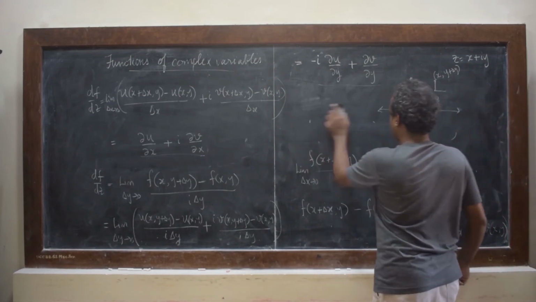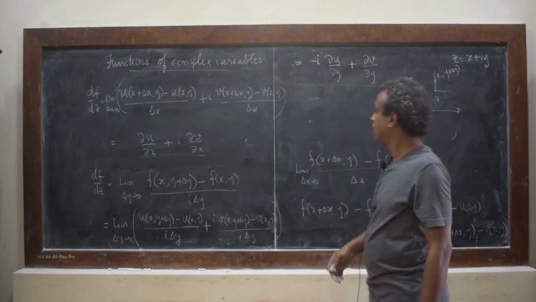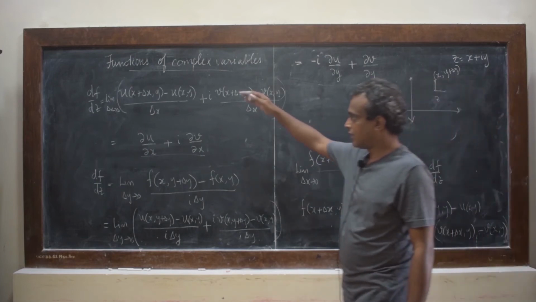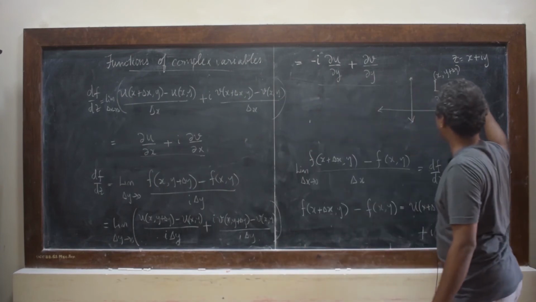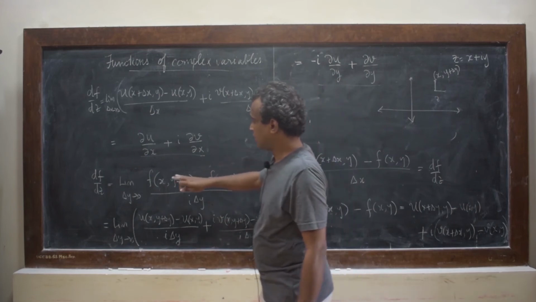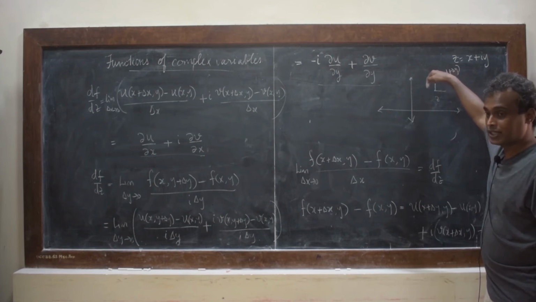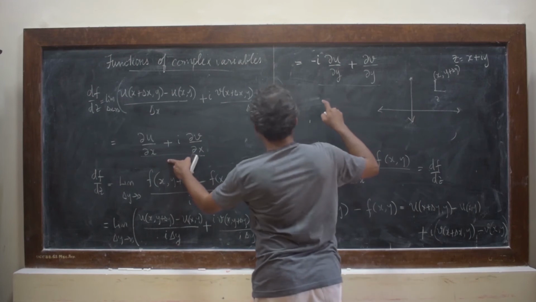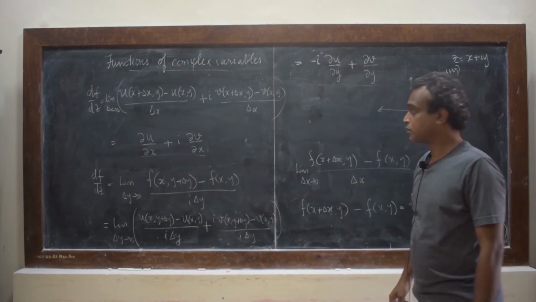Now, if the function is really differentiable, both these definitions should give me the same value of the derivative, which means that the derivative obtained in the first method by approaching along the real direction should give me the same number as the derivative that I got by approaching in a direction parallel to the imaginary direction.